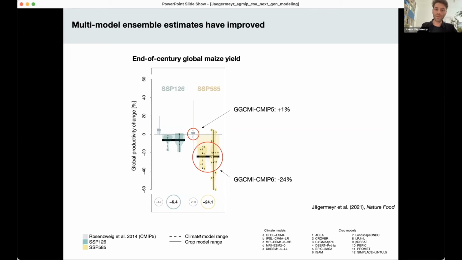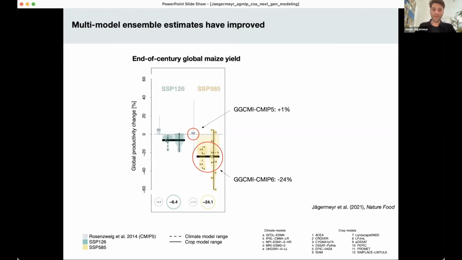And now the new CMIP6 based simulations drop down to -24% at end of century. So that's a stark 25% difference within what, 7 years of advancing models and inputs and protocols. That's substantial, that's huge. And we need to do more to reduce the uncertainty that is still associated with it.